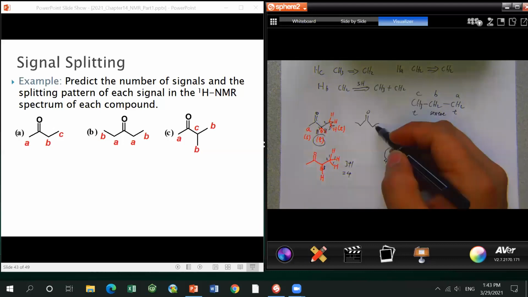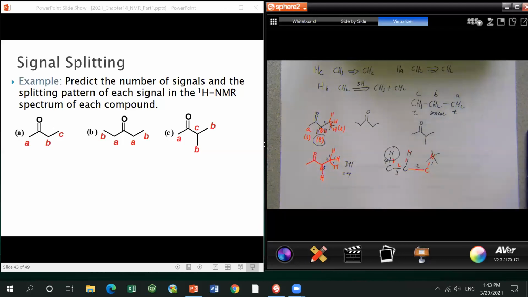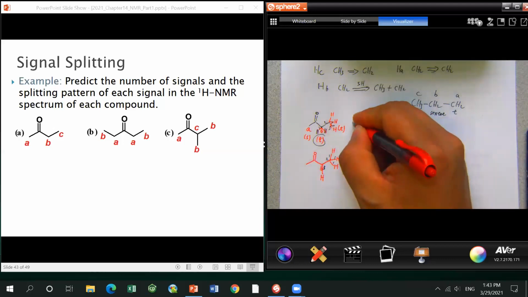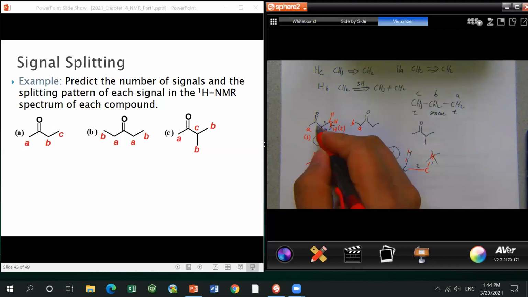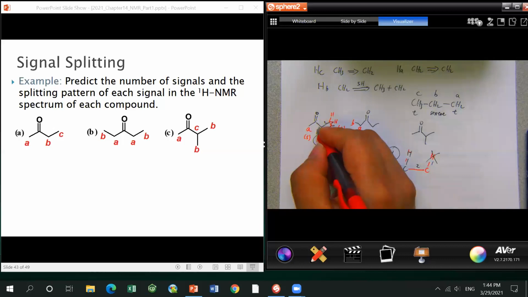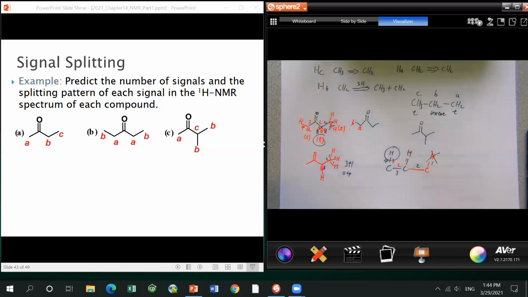How about the second one? The second one only has two signals, A and B. How many peaks should we see for A, and how many for B? The proton on the left is too far away, more than 3 bonds: 1, 2, 3, 4. Don't count it.